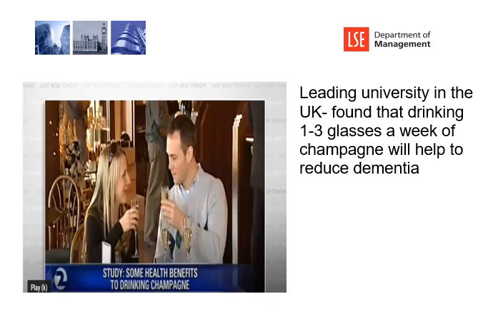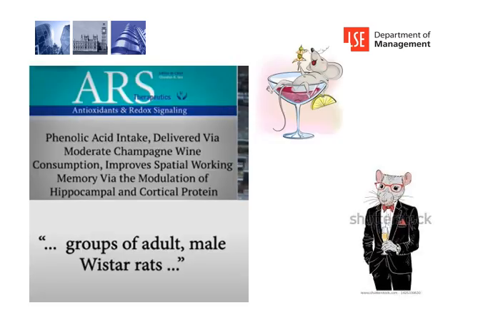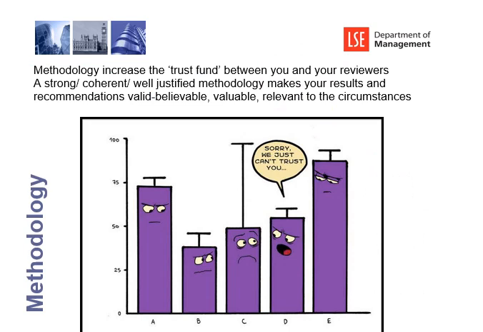But what if I told you that this is based on a group of adult male Wistar rats? So the research was done on a group of adult male rats, right? Would that still be such an exciting conclusion? Would you believe that those results were valid for human subjects?